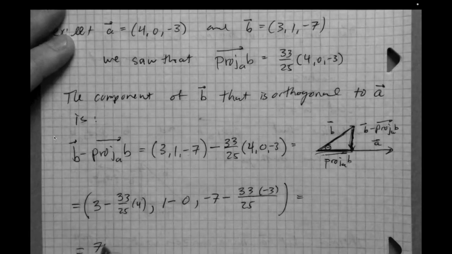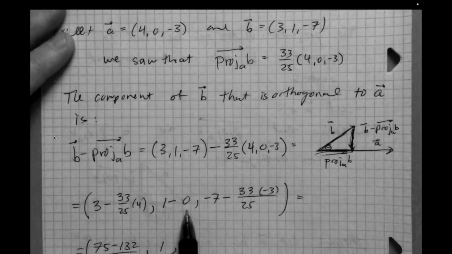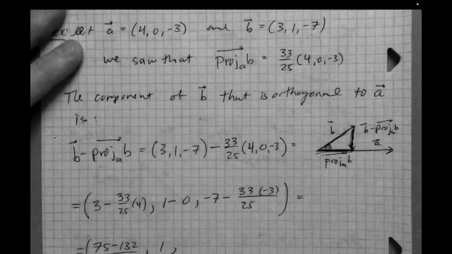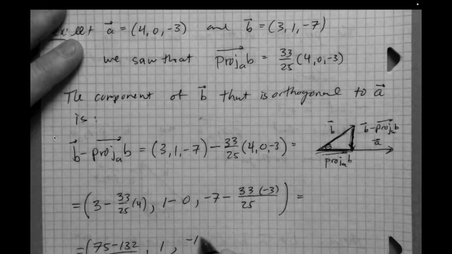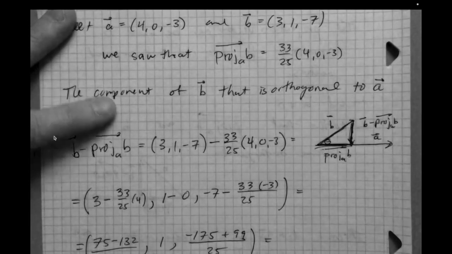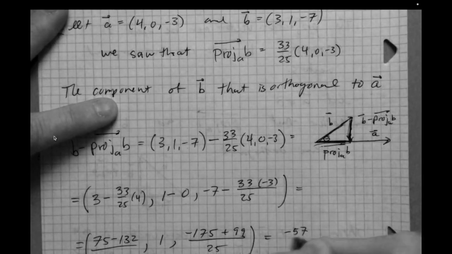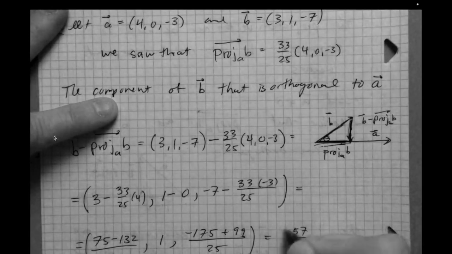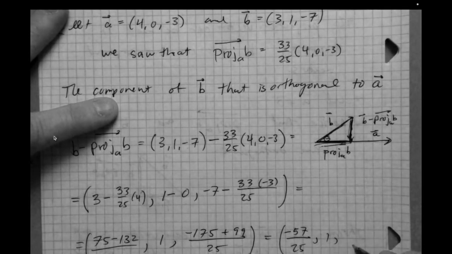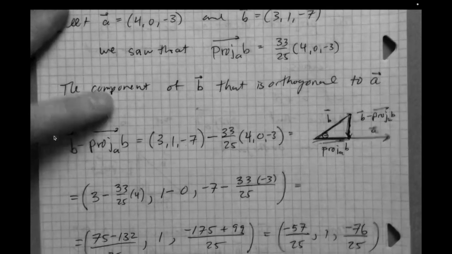This would be 75 minus 132 over 25. And then this is just 1 in the middle. And then this would be negative 175 plus 99 over 25. Okay, and what do we get here? We get negative 57 over 25, comma 1, comma negative 76 over 25. Okay.